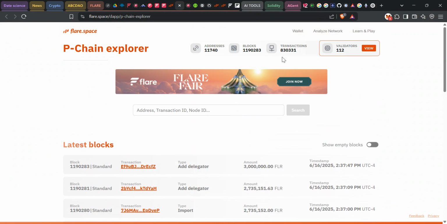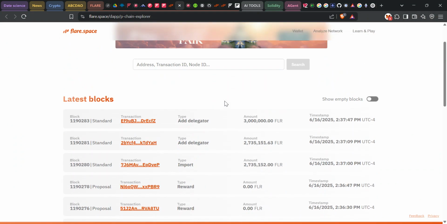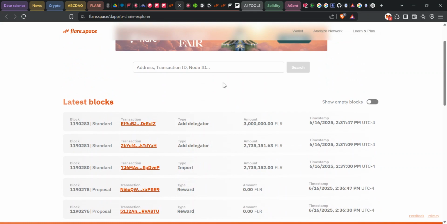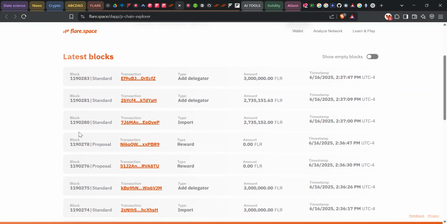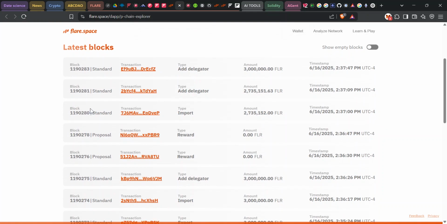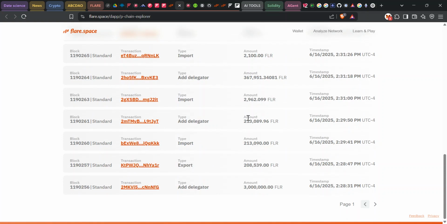Well, not 830, 331. But yeah, as we can see, this block shows just some transaction data and the blocks being uploaded to the Flare network. So it's just some cool details here.